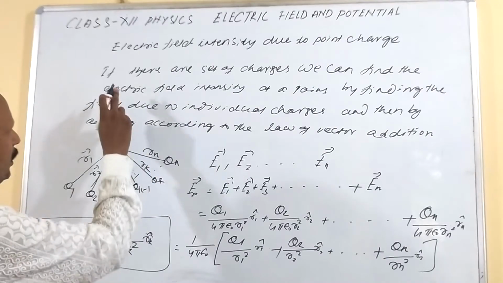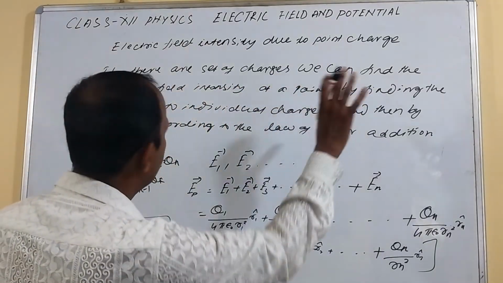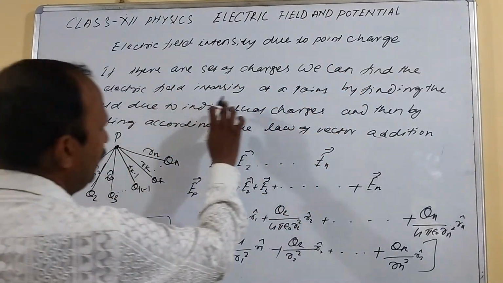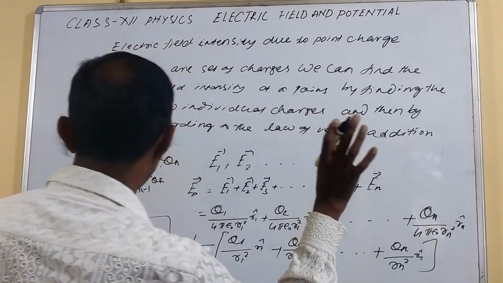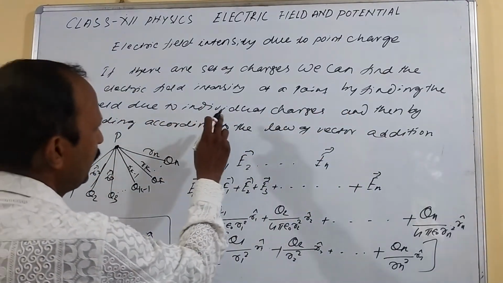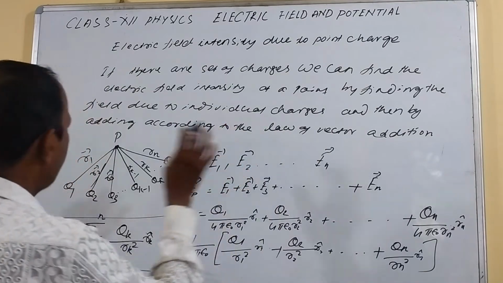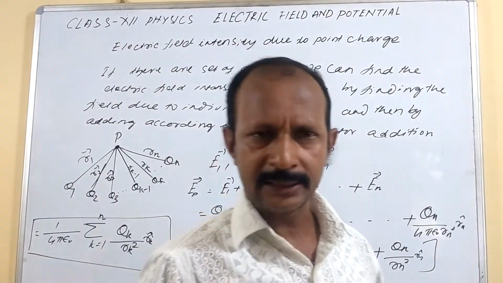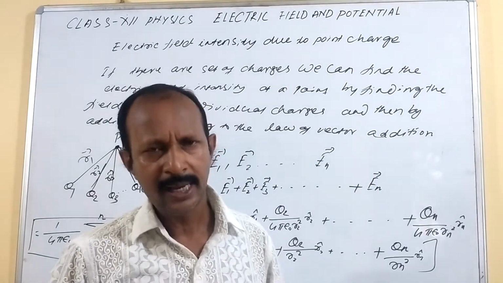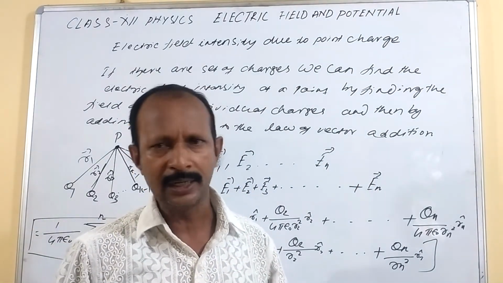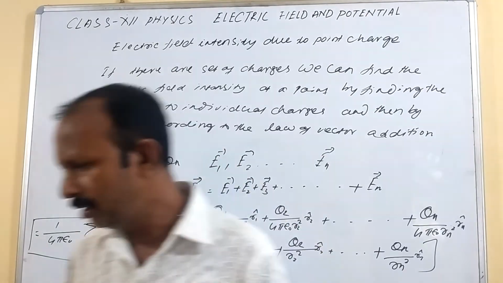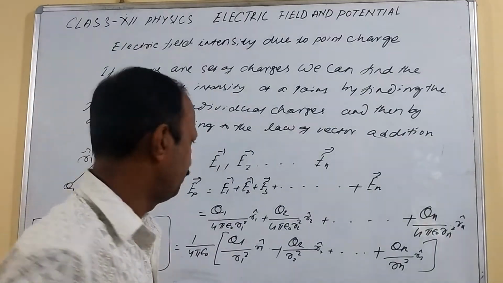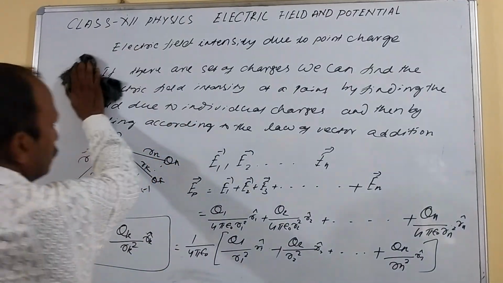I have mentioned if there is a set of charges, we can find the electric field intensity at a point by finding the field due to individual charges and then by adding according to the law of vector addition. I think this concept will be more clear if I give one numerical example. Let us see.